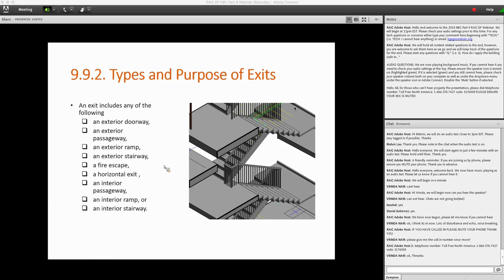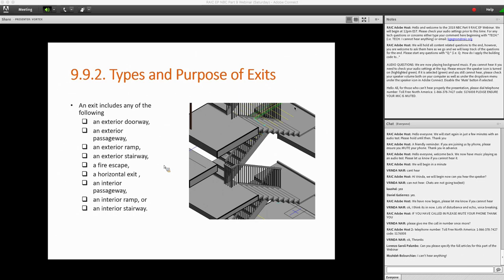We can also have an exterior passageway, an exterior ramp, or an exterior stairway. A fire escape may be permitted. You can also have a horizontal exit, which will enable you to exit from one building to the other. You can also have an interior passageway, an interior ramp, and an interior stairway. So these are the different exits that you can have from a floor area.